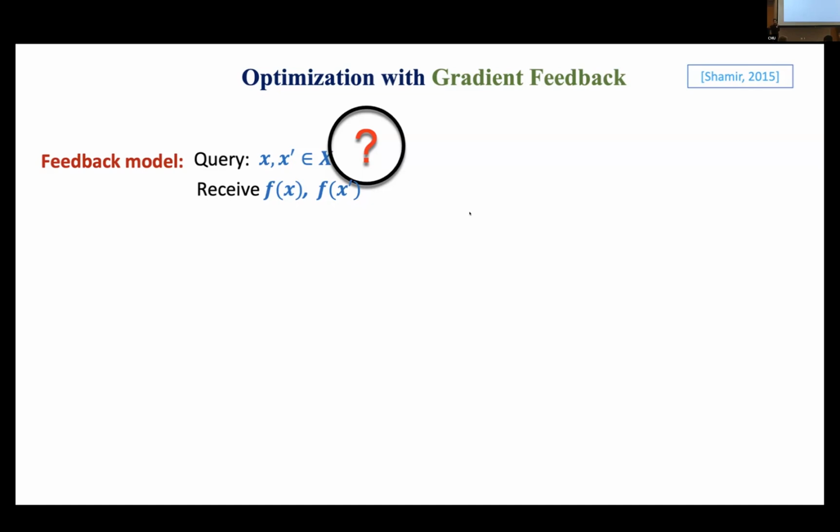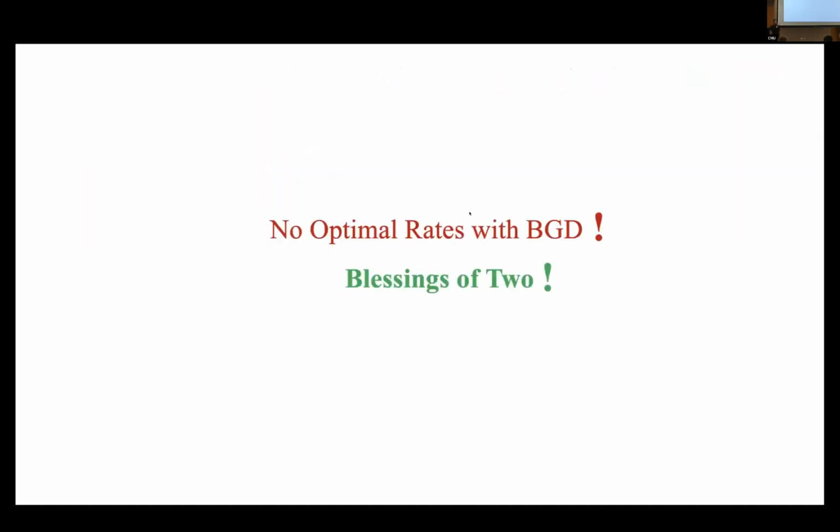This is called 2-point feedback. It turns out that whereas with 1-point feedback we could not get any optimal square root of T kind of guarantee, with 2-point feedback, an algorithm as simple as gradient descent can achieve this square root of T rate very easily.